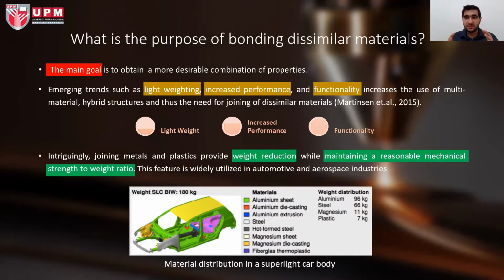So with dissimilar materials, we now ponder the question: can we take the lightness of plastic and, at the same time, take the strength of metals and combine these two great characteristics and properties into one single entity? That is the main question here. And to answer it, yes, we can, but it's a little bit more difficult than that.